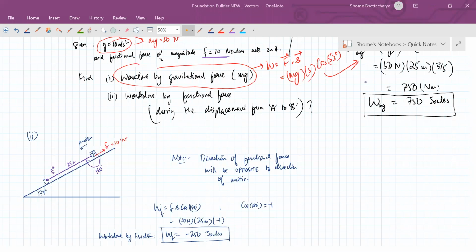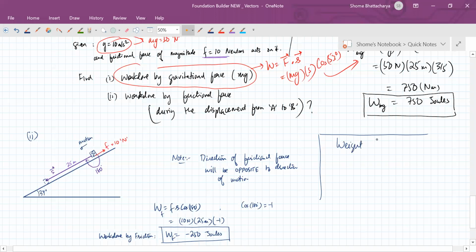The weight of a body, that is what we call the gravitational force acting on it.